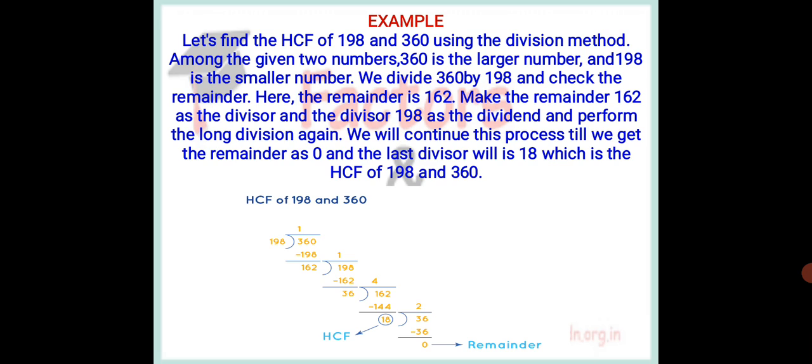Among the given two numbers, 360 is the larger number and 198 is the smaller number. So what to do? We divide 360 by 198. That means 360 is the dividend and 198 is the divisor. And check the remainder. Here the remainder is 162.